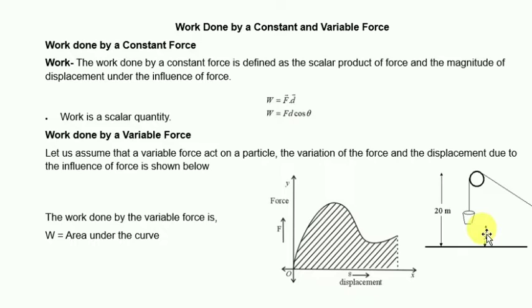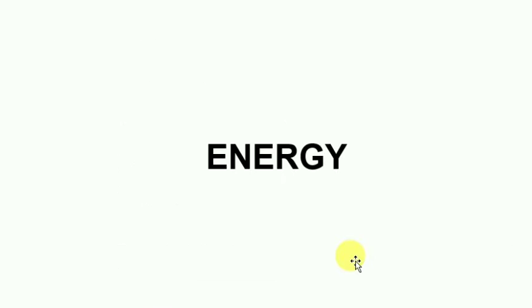So we integrate from 0 to s the dot product of F and dx. So we get the total work done by a variable force. By this we can obtain the work done in any application, whether it is a constant force or a variable force. Now we will see energy.